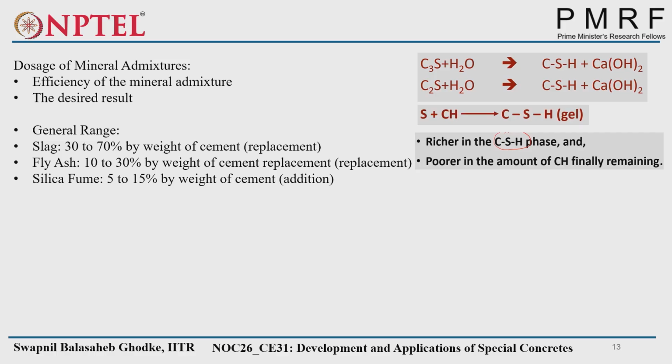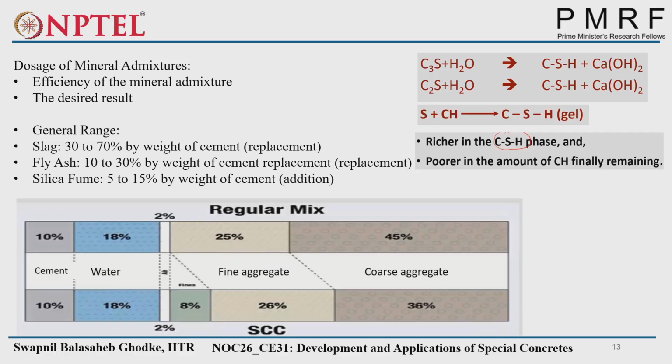So ultimately, the concrete matrix which has the mineral admixture will be richer in CSH phases and poorer in the amount of CH, because most of the CH will be consumed by this silica to create the CSH gel. So these are the basic chemical reactions that occur in mineral admixture based mixes.